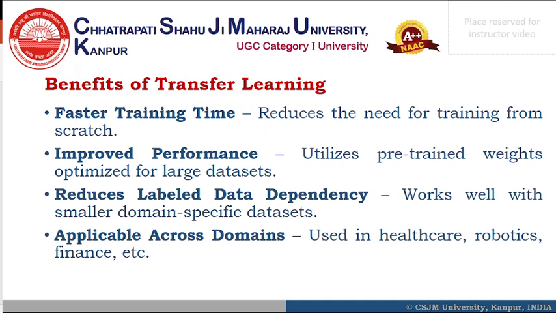Fine-tuning these models for a new task leads to higher accuracy and better generalization, especially when labeled data is limited. Now, point 3 is reduced labeled data dependency. What it means? Many machine learning models require large amounts of labeled data, which can be costly and time consuming to collect.